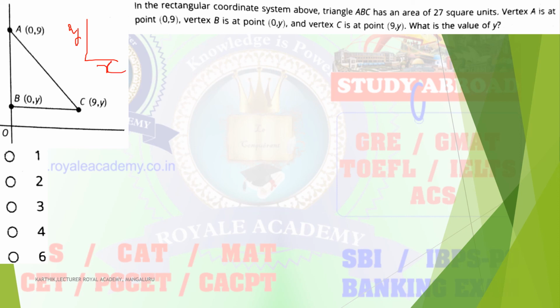X axis varies from 0 to 9, that we know, and y axis here total is 9, but we don't know the value of y here, and here also we don't know. Those two lengths are the same, and we need this length.